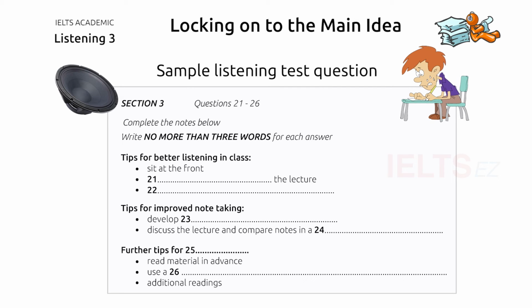I see. When it comes to listening at university, you've got to really listen carefully for long periods of time. Therefore, it's vital that you eliminate as many distractions as possible. Tell me, where's your seat usually in the lecture hall? Usually at the back. I'm a little nervous in the class, so I feel less intimidated at the back of the room. Let me suggest you change this.